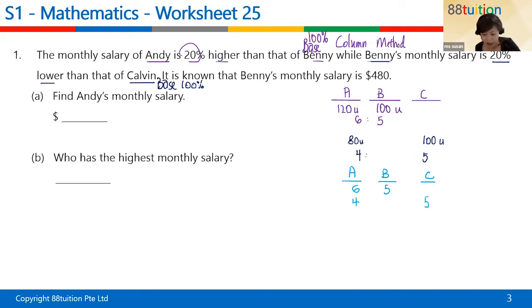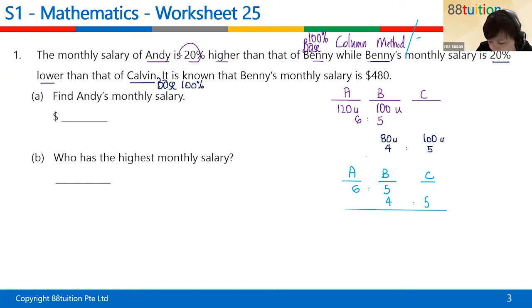B is lower than C. C must be 100 units, B is 80 units, and this is 4:5. So now my 4 should be here. Do you realize that I have 3 entities and there's a repeated entity in B?